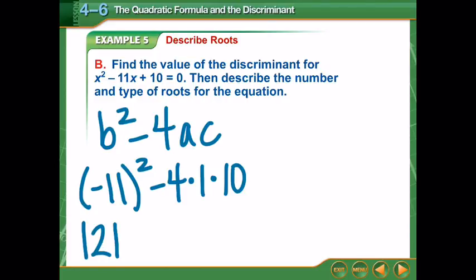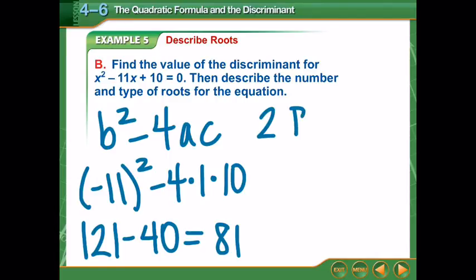I know that 4 times 10 is 40. So 121 minus 40 is going to equal 81. 81 is a positive number. 81 is also a perfect square. So since it is positive and a perfect square, there are going to be 2 rational real roots.